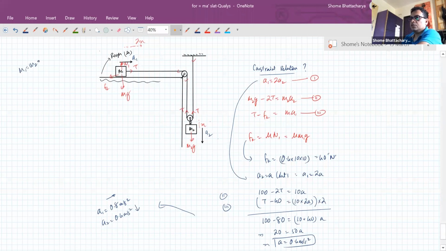M1 is equal to M2 is equal to 10 kg. Mu is equal to 0.4 and g is equal to 10 meters per second square.